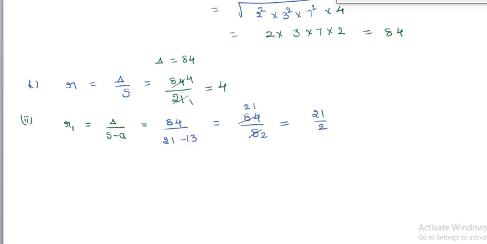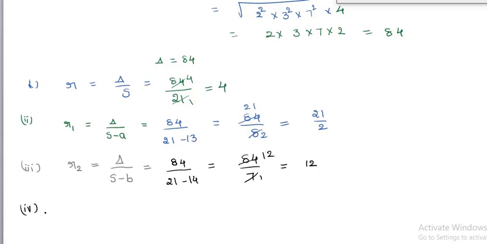Next, third problem, R2 is delta by s minus b. So the delta value 84, 21 minus 14, 84 by 7. That is the value: 7 ones are 7, 7 twelves are 84, so 12.